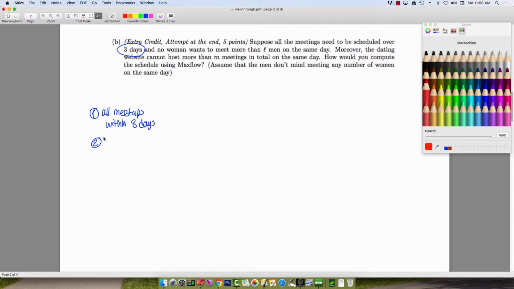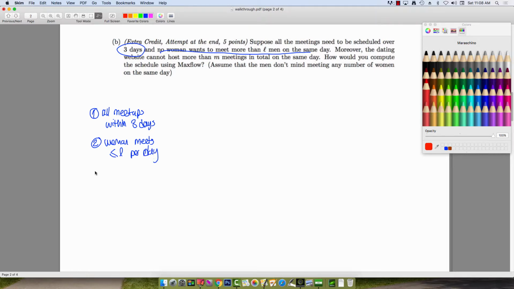The second one is going to be no woman wants to meet more than L men on the same day. So a woman wants to meet at most L men per day.